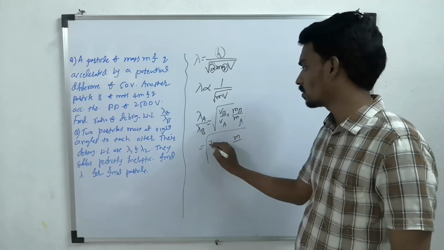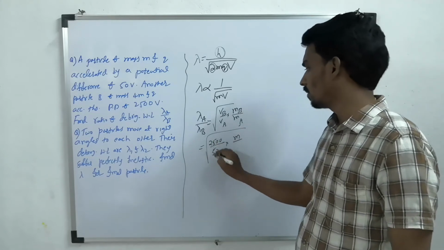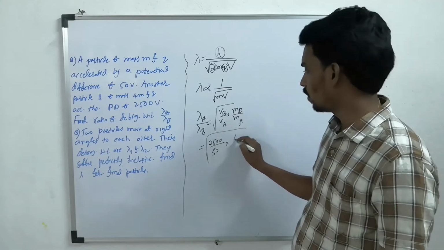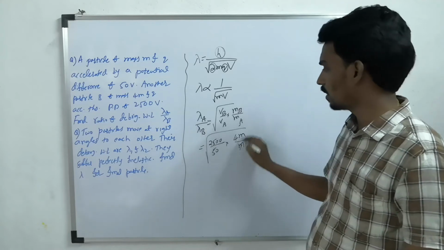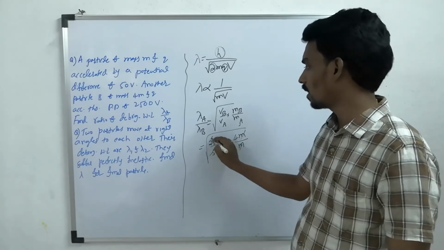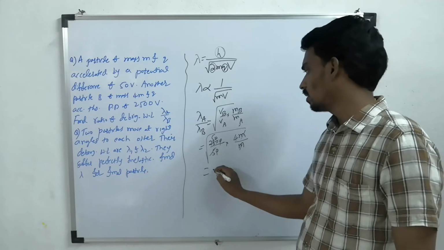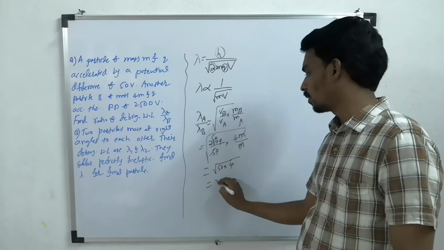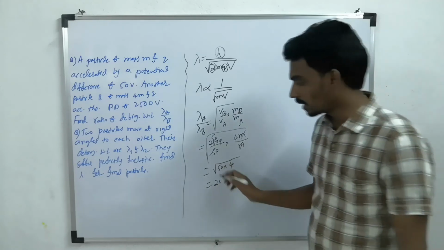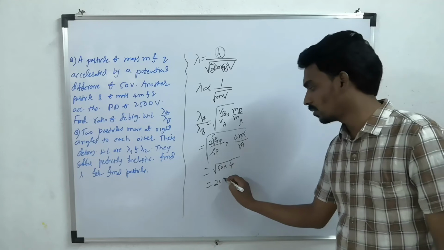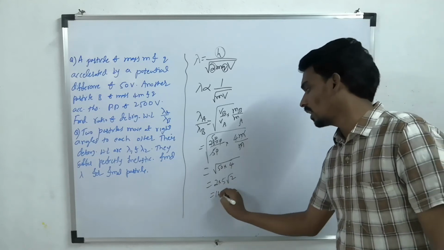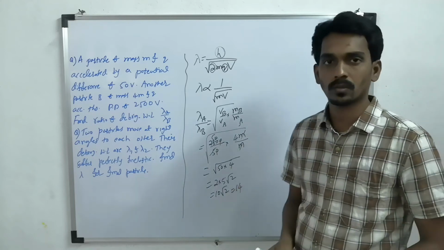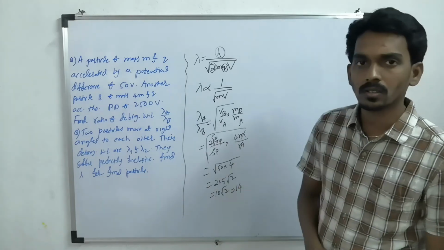So it will come reversed, 2500 by 50, and MB is 4m, MA is m, m cancels. The zeros cancel, so this is root 50 times 4. Root 4 is 2. Root 50 you can write as root 25 times 2, and root 25 means 5 root 2. So 10 root 2, approximately 14 because root 2 is 1.414. So what is the approximate ratio? 14.